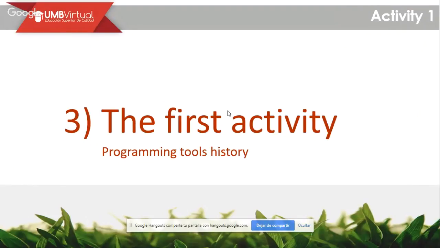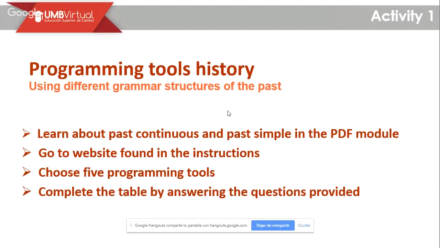Moving on, so 3, the first activity, the activity that starts today and it will end in 1 week. It's called Programming Tools History, and you will use different grammar structures of the past. You will learn about past continuous and past simple in the PDF module.